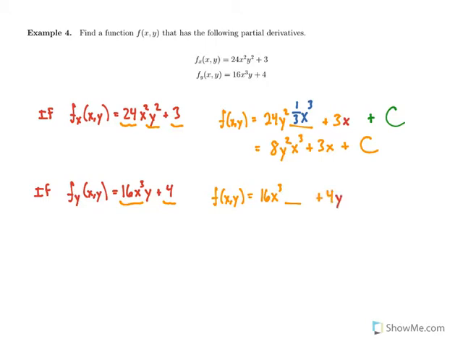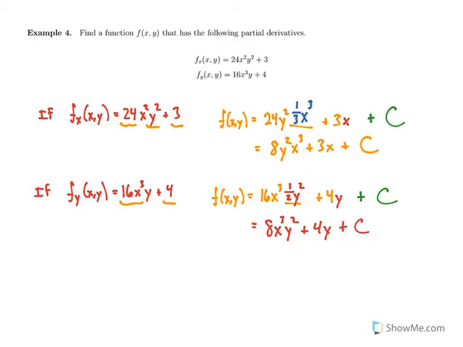This 4 has to be a 4y. Now we're going to take the antiderivative of that y, which is 1/2 y squared, plus some constant. So this will be 8x cubed y squared plus 4y plus c.